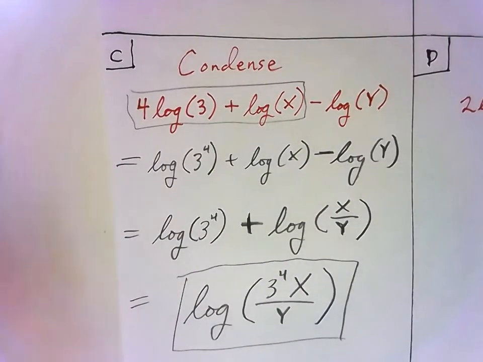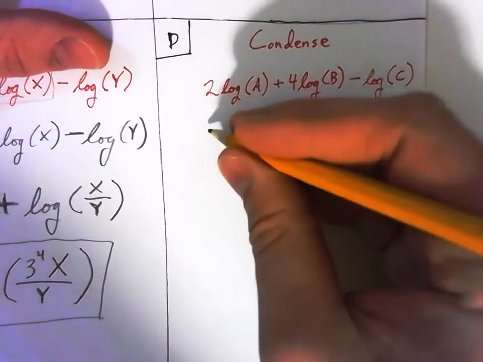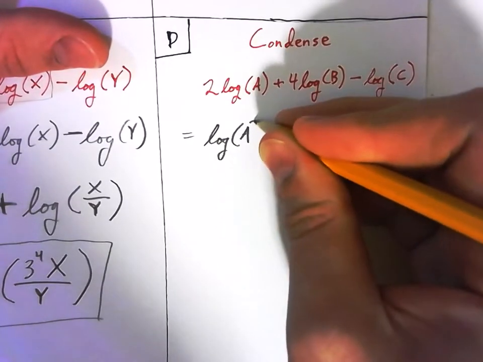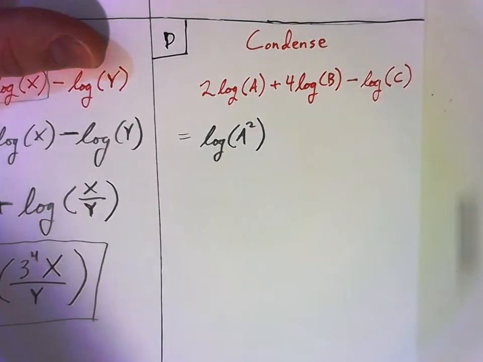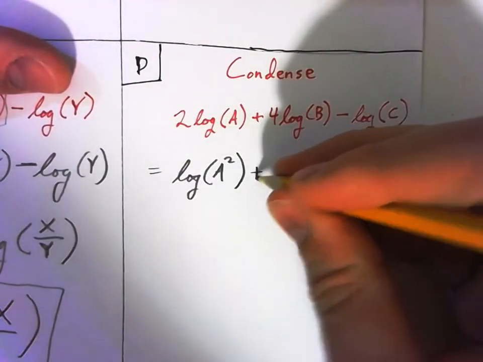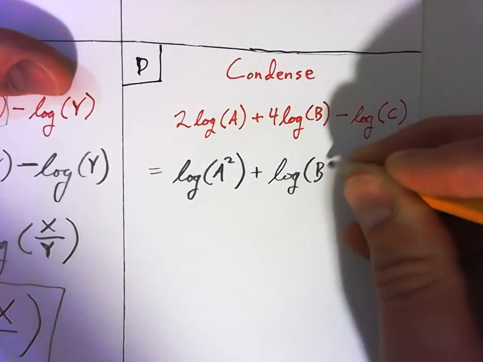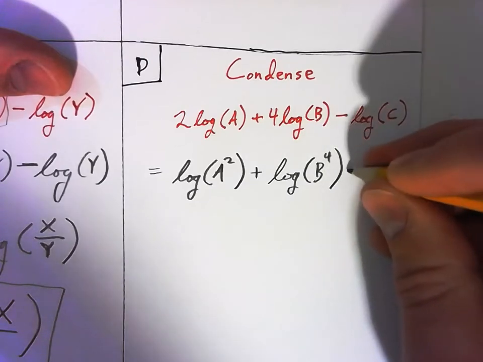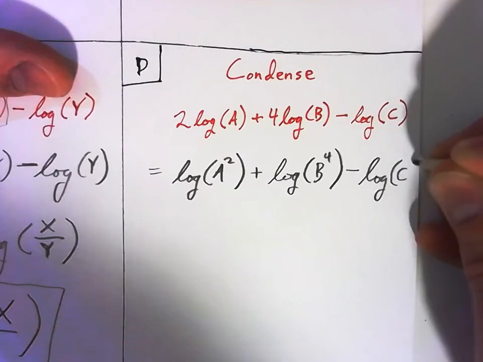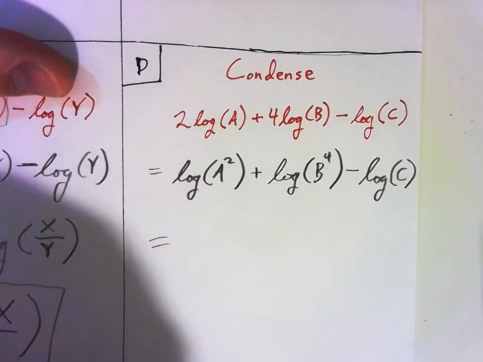Okay, last example here. 2 log a would become log of a squared with the power property. Same thing here. Log of b to the fourth minus log of c. Okay, this time I'll do it what probably would have been the easier way on the last one.